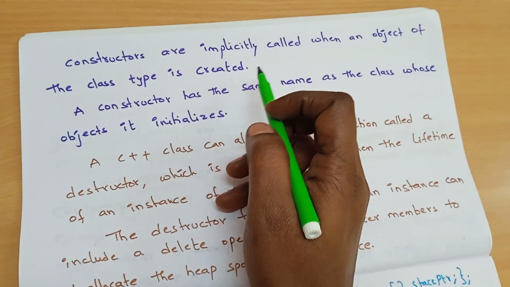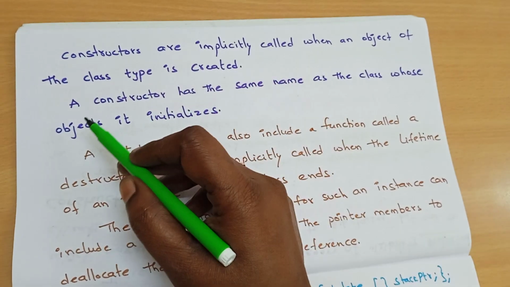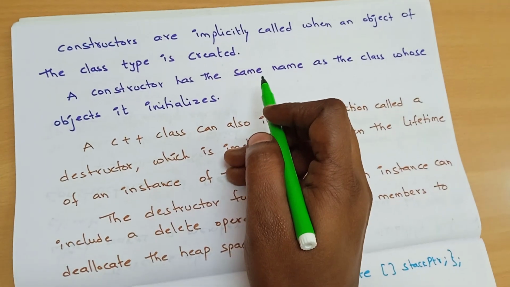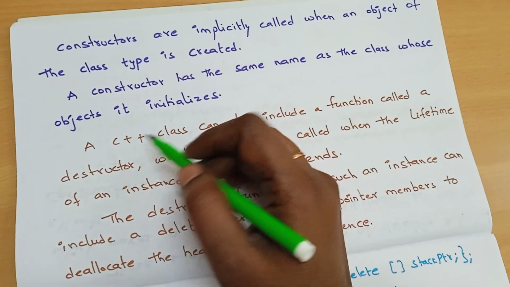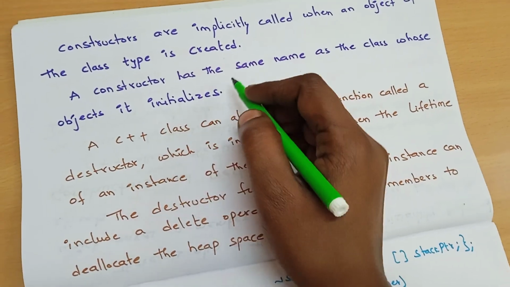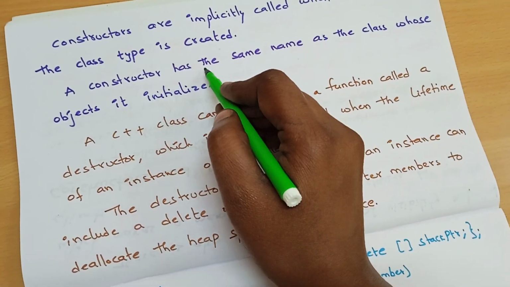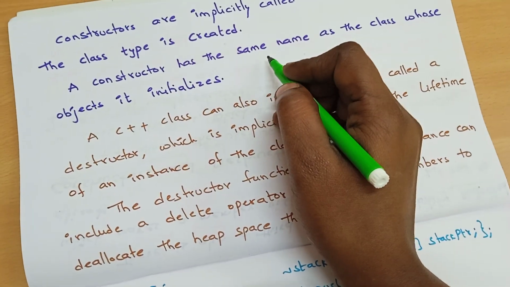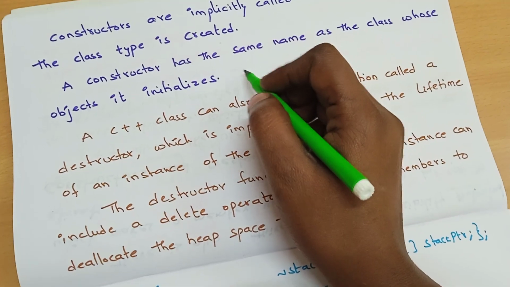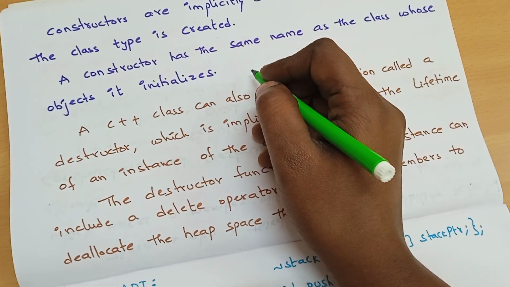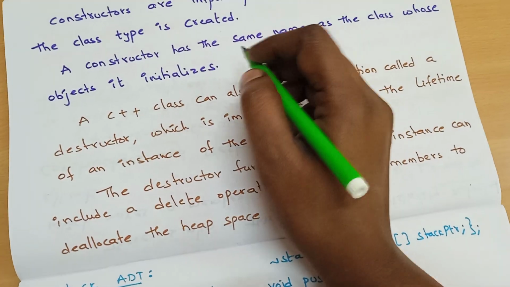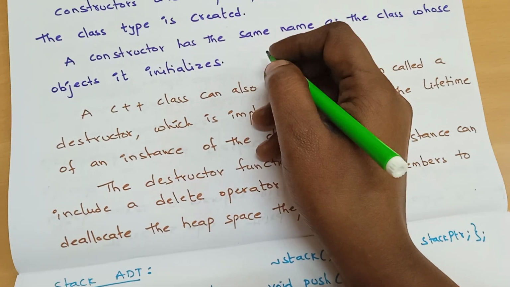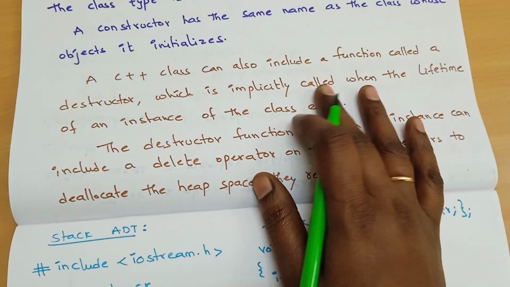Constructors are implicitly called when an object of the class type is created. A constructor has the same name as the class whose object it initializes. You can also overload constructors, but the point to be noted is that though the constructor is overloaded, each must have a unique parameter profile.